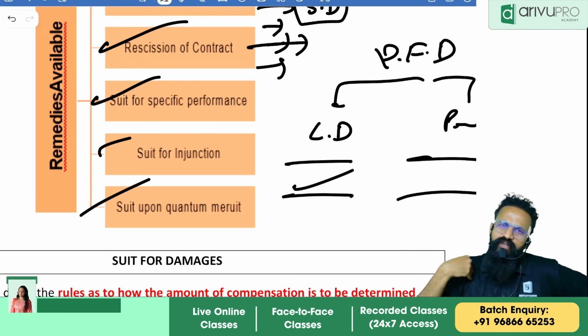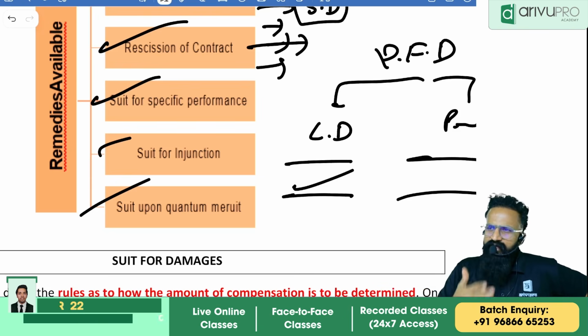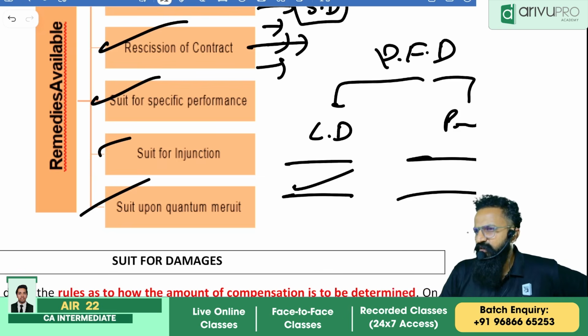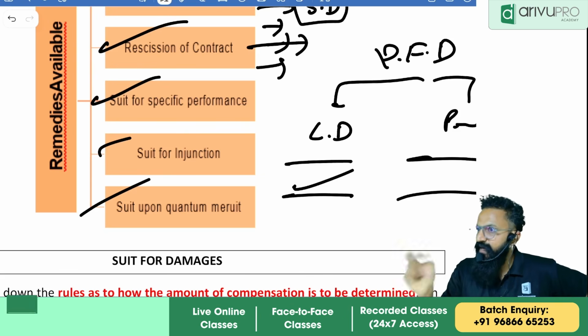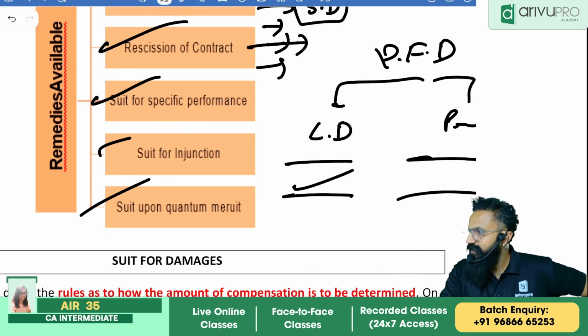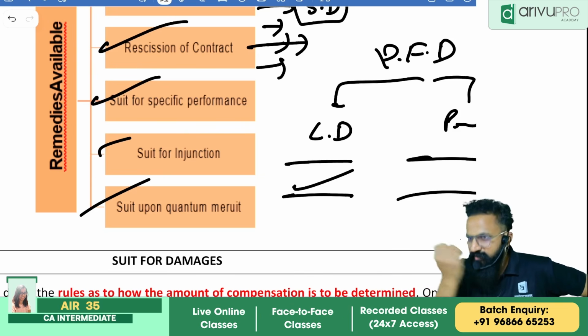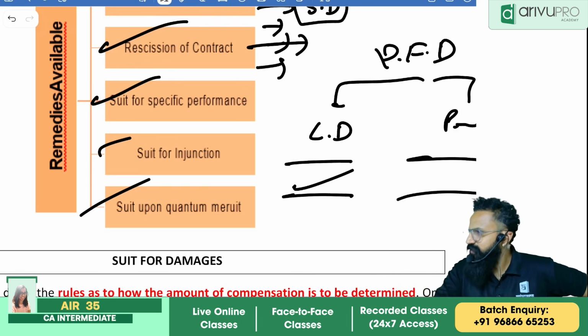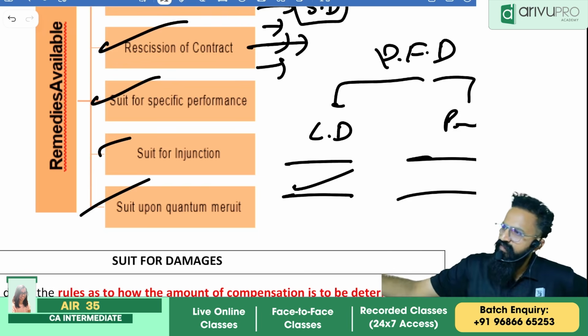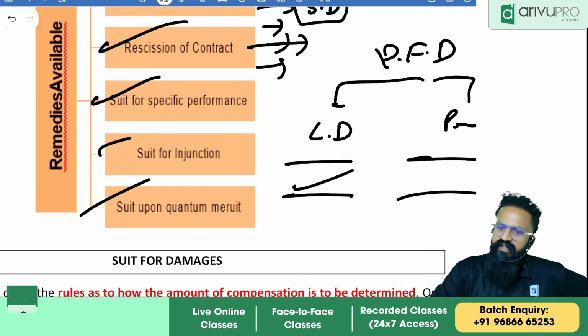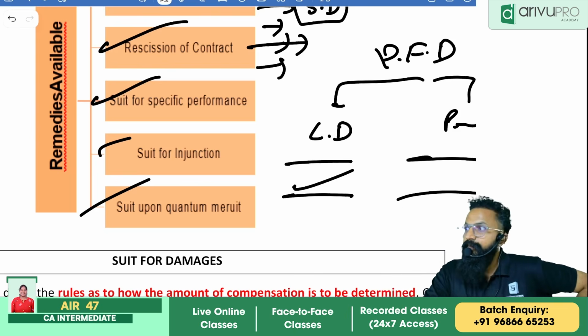If I am to teach you 20 days, but because of something we end the contract on the 10th day, I am eligible to get my half payment. Quantum is quantity. Meruit is nothing but something in return, your compensation. So, compensation as much as performed. That is quantum meruit. Only one person is referring to performance, right?